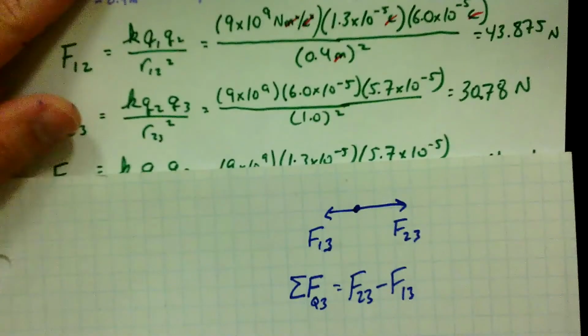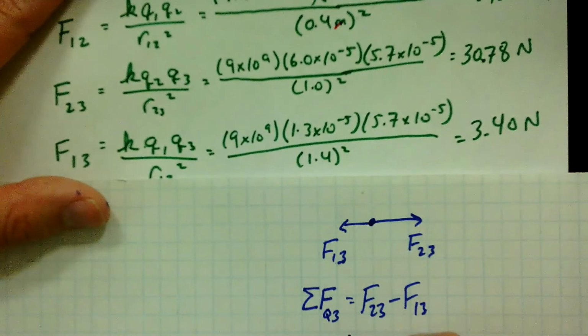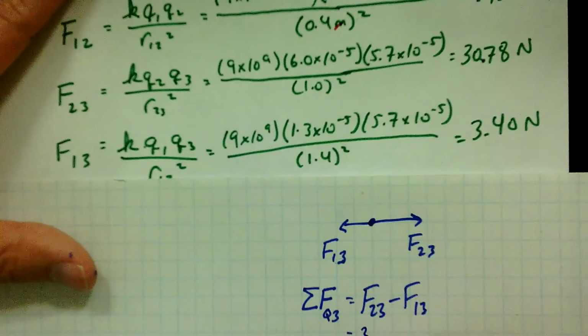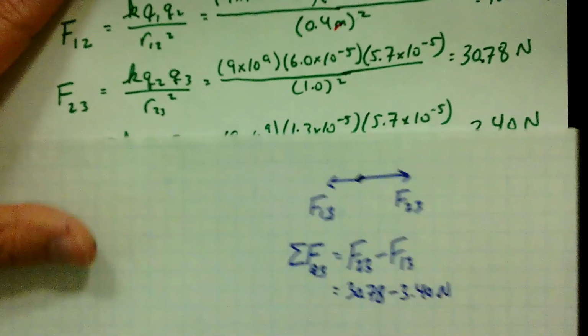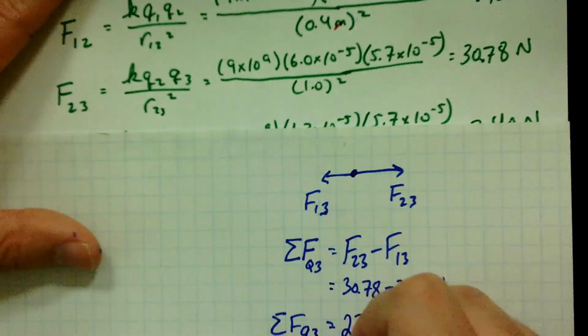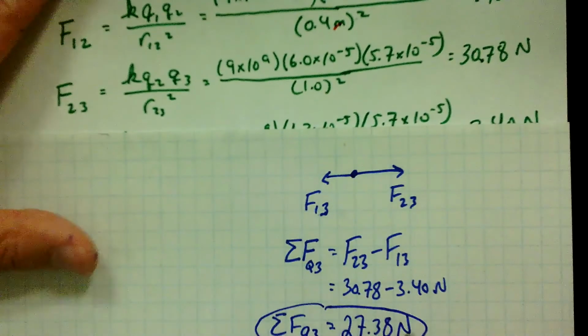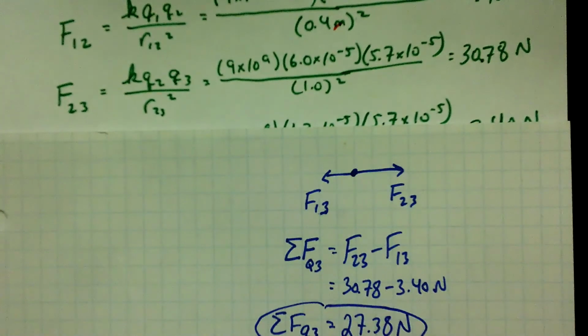So the force on Q3 is F23, which is 30.78 minus 3.40. So the net force on charge Q3 is 27.38 newtons. That makes sense.